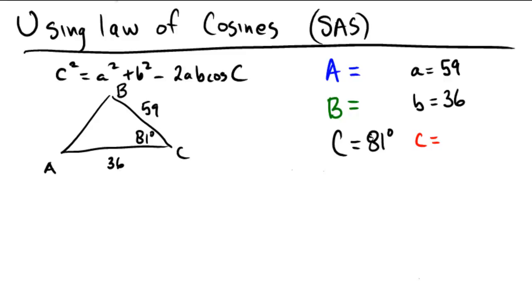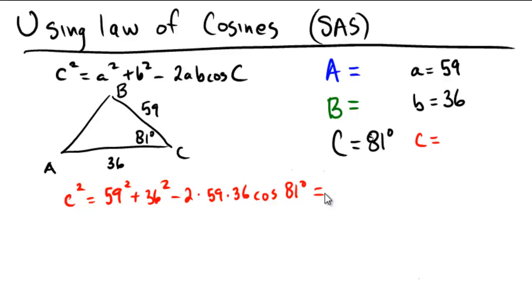We're going to be finding side C in this case. So C squared is equal to A squared plus B squared minus 2 times A times B times the cosine of the angle C, which is 81 degrees.